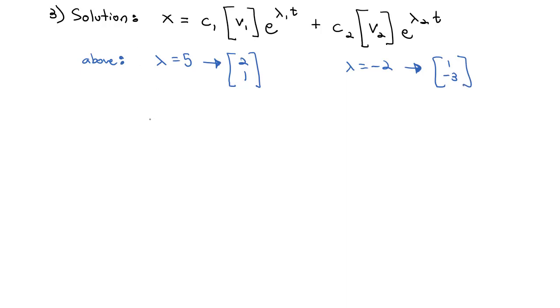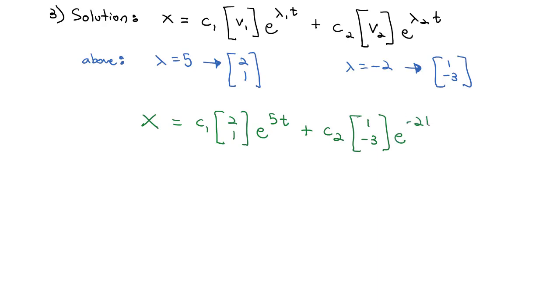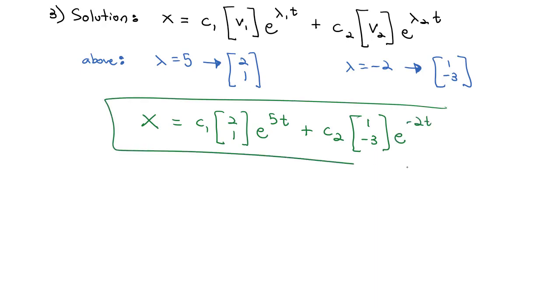And so we put that together to get our solution, that x is equal to c1 times the first vector, e to the first eigenvalue times t. So c1 times (2, 1) e to the 5t, plus c2 times (1, -3) e to the -2t. And this then is the solution to our system of differential equations.